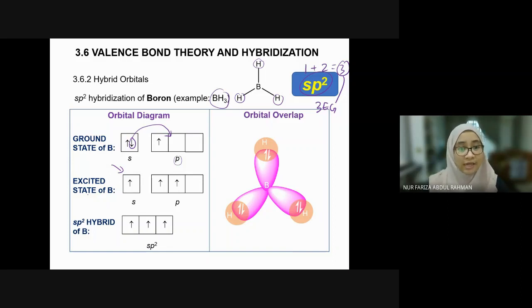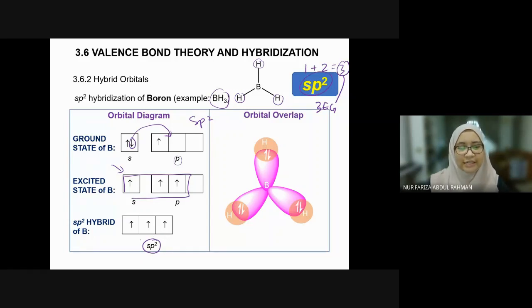Now this is the excited state only. Okay, in order to form hybrid. Hybrid apa tadi? sp2. Okay, so this s needs to combine with 2 p orbitals. Okay, so not only dia lompat, it needs to be combined and becoming sp2.